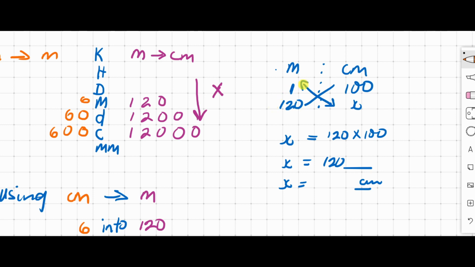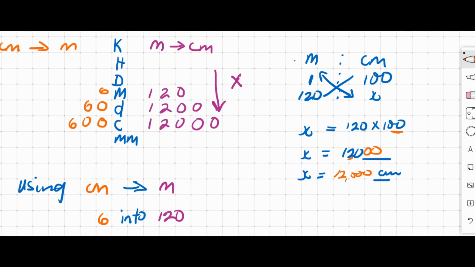The unknown would be x, and I multiply 120 by 100, adding on these 2 zeros. So x would be equal to 12,000 centimeters.